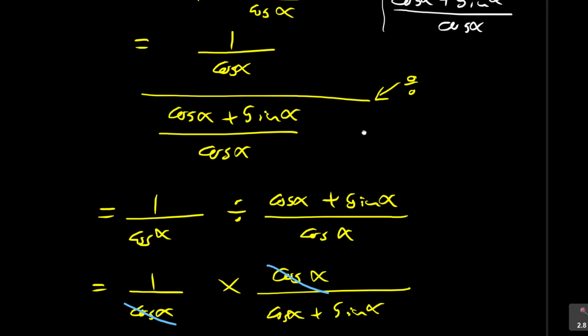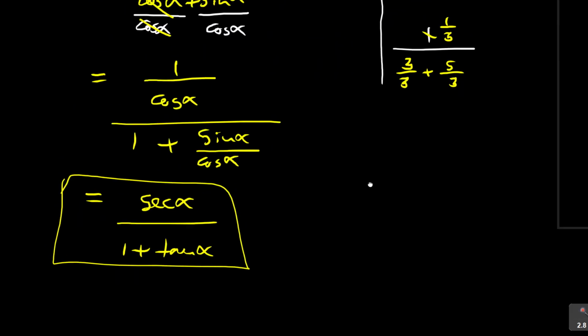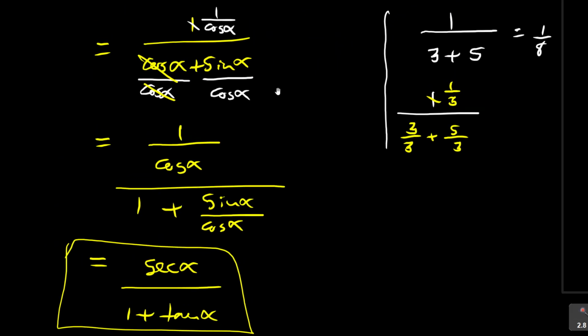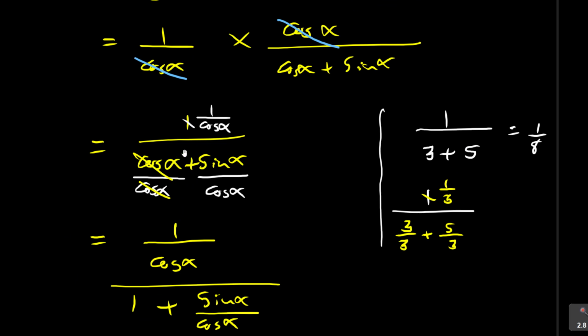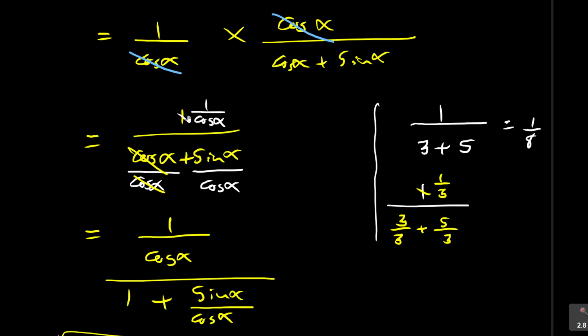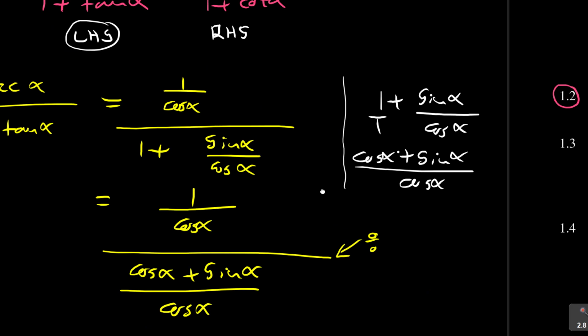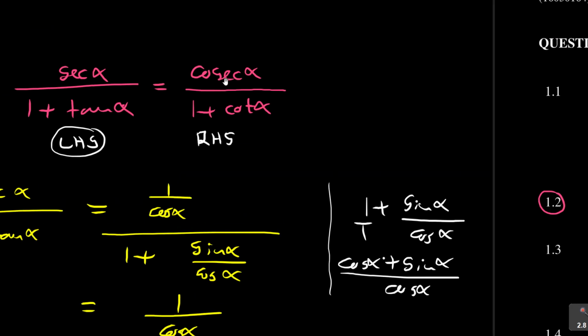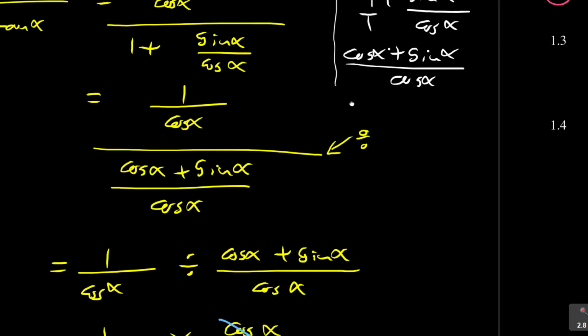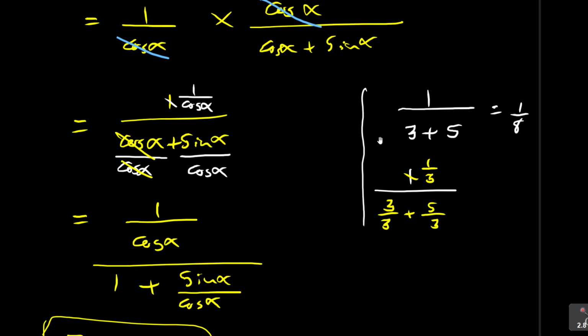But let me check it again. Oh, it's supposed to be cosec over cot. So now I need to divide instead.